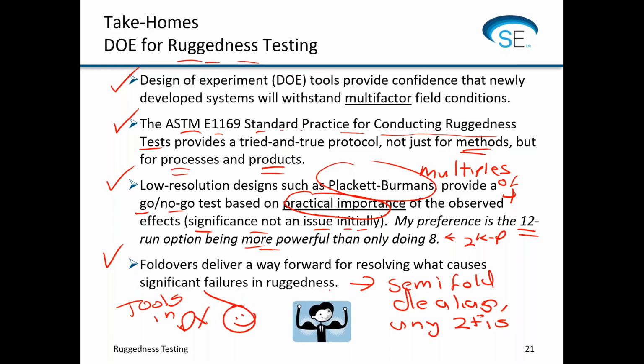So Design Expert makes this really straightforward to set up the initial design, to assess the results of it using the half normal, to then, if you see that there's something important going on, do the fold over, and then if there's two-factor interactions revealed by the fold over, to then do a semi-fold using the design tools in Design Expert.